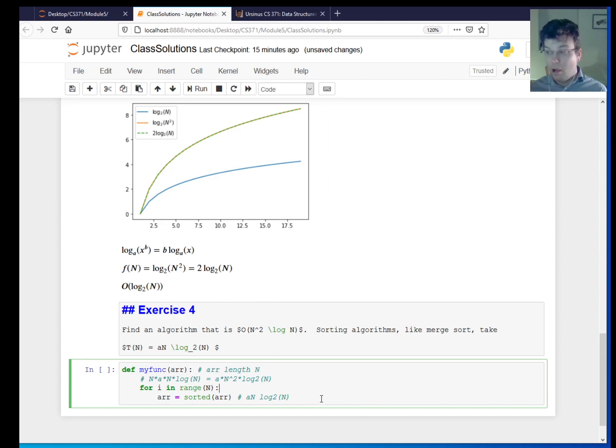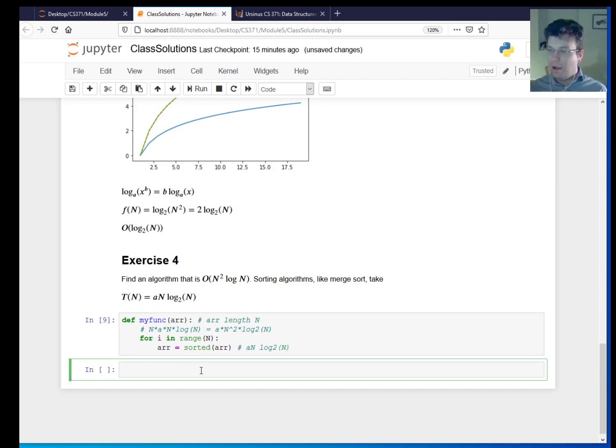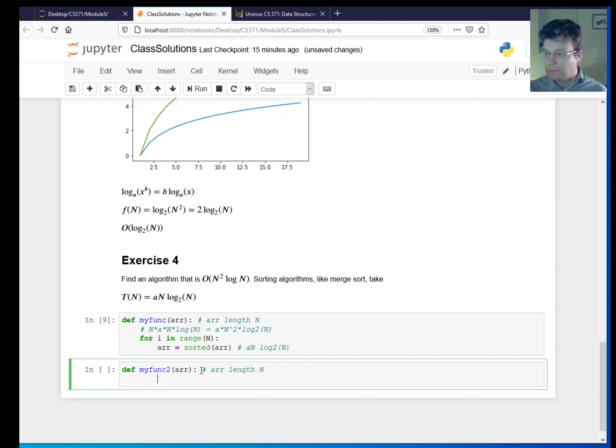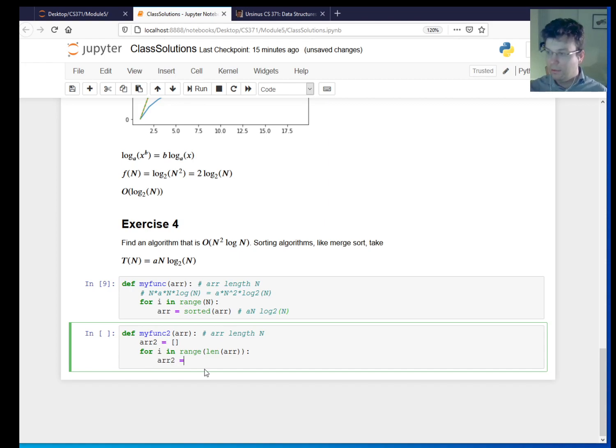All right. Actually, let me go through one more example, which is kind of interesting. It's kind of a combination of the above exercise. We still pass in an array of length n, but let's say that we construct a new array, and we're just going to push the array onto the end of this n times.